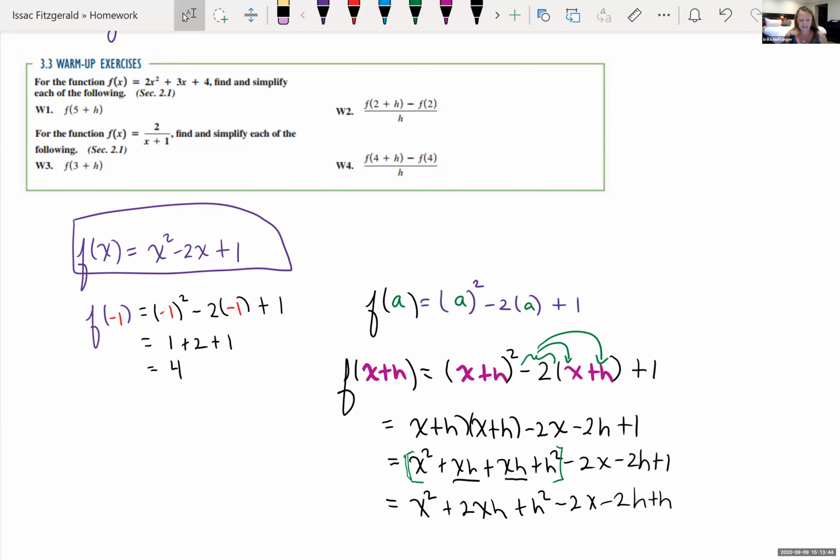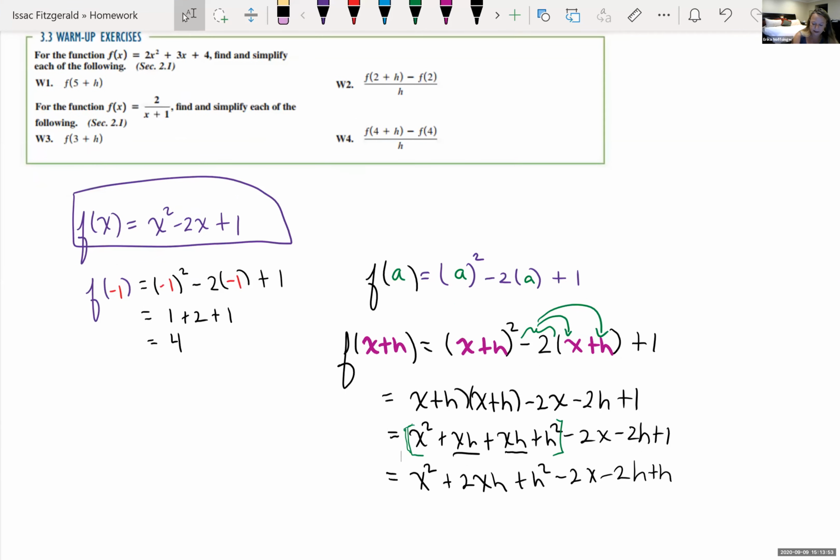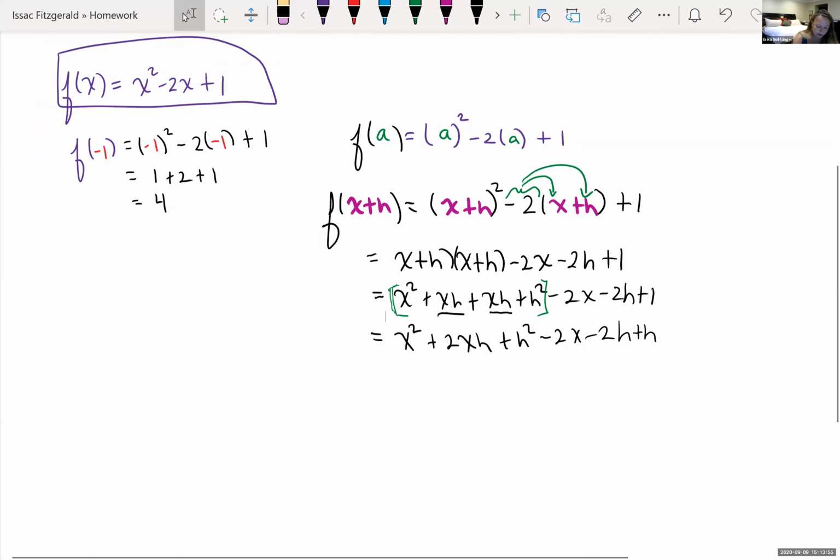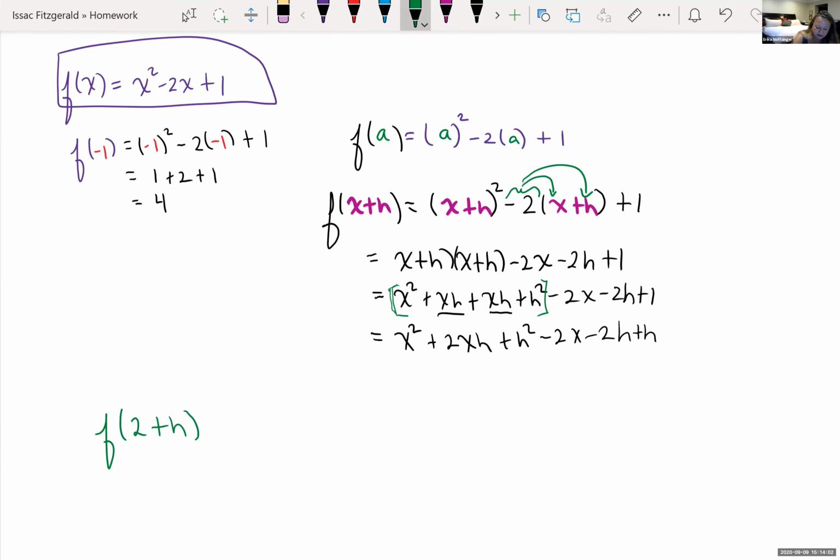Okay, so we're going to just go back into this example and f of x, and let's now look at it. Let's say we wanted to evaluate the following. It tells us that we want to look at f of 2 plus h minus f of 2 all over h.